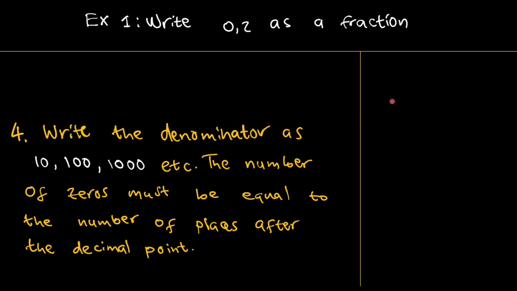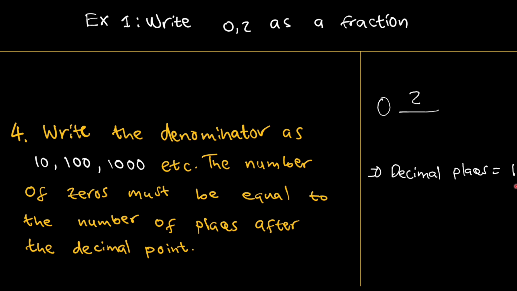From the previous slide, let's recall we have 0 in front of a fraction and our numerator is 2. Now, what else do we know? We know that our decimal places, we had only 1.